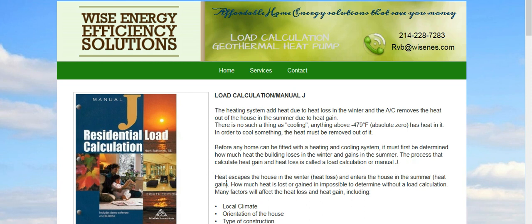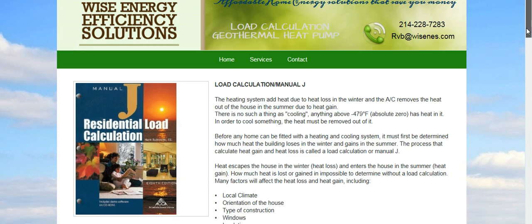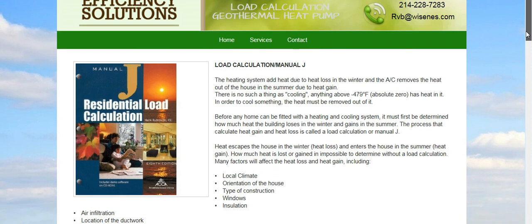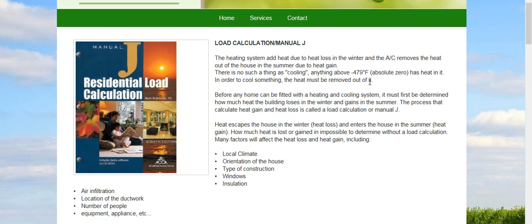The load calculation will vary depending on your climate, the orientation of your house, the type of construction, the type of windows, the type of insulation and the R-value of the insulation, the air infiltration, the location of the duct, the number of people, the equipment, the appliances, etc. So you don't know how good your insulation is if you don't have a load calculation, and you don't know if you need to add insulation to reduce the amount of heat leaving your house in the winter and entering in the summer.